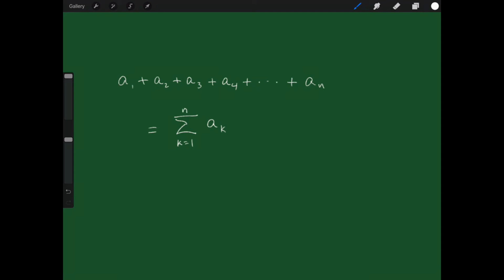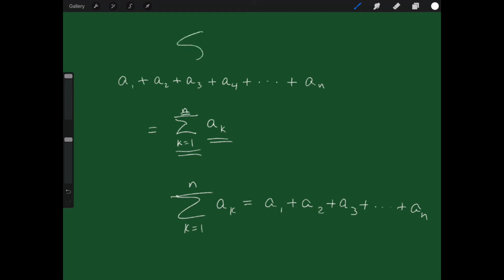So what this is saying is add up all of the A sub k's, starting with k is 1, ending with k is n. So the sum k going from 1 to n of A sub k means A1 plus A2 plus A3 plus and so on plus A sub n. That's the basics of what we would call summation notation.